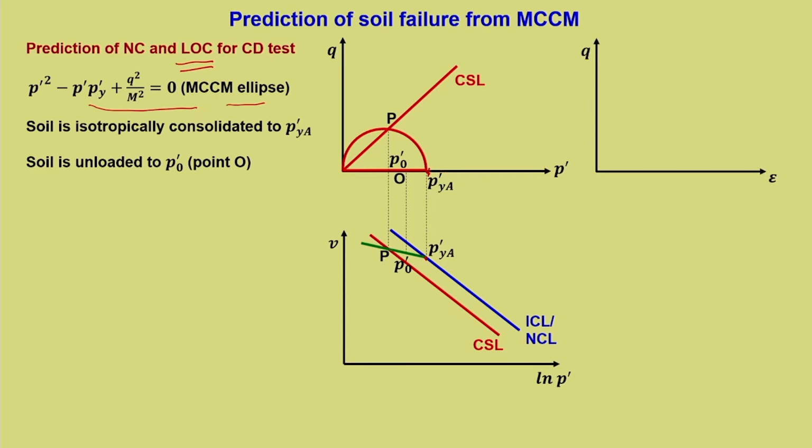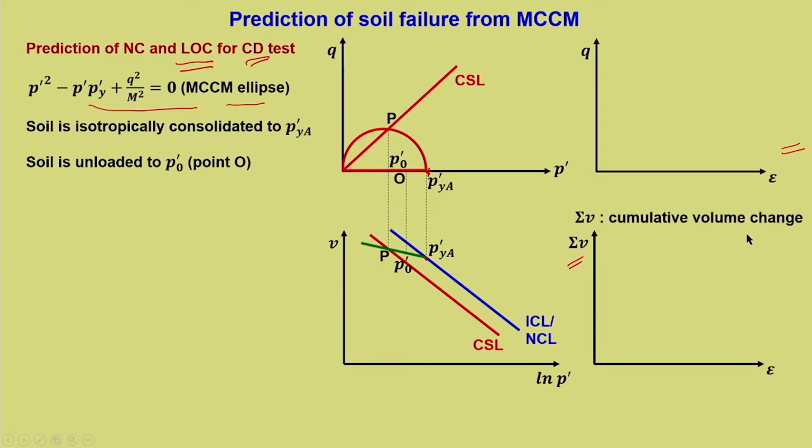As I told, we will try to also integrate q versus epsilon behavior and volume change, because now it is a CD test. So, it is volume change, delta epsilon v, which is cumulative volume change. So, these many details we are going to understand for a typical NC LOC in a CD test.